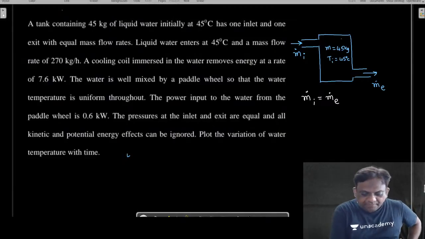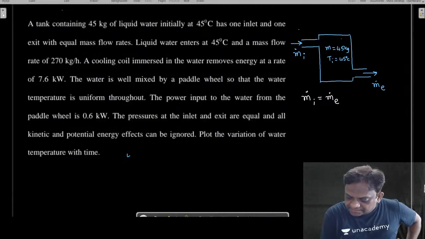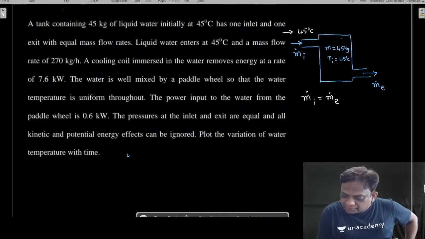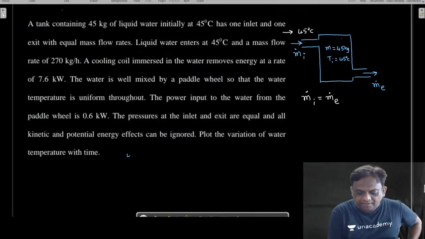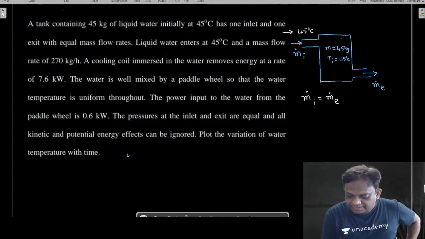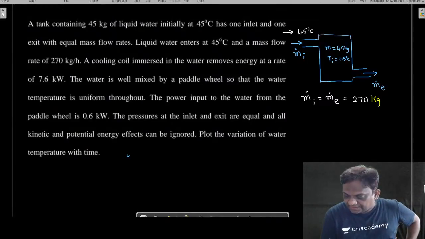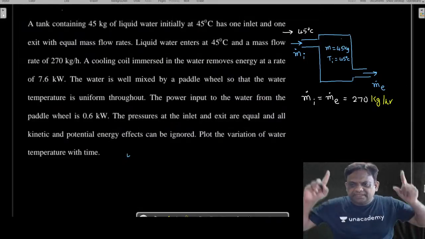Look carefully, there is one inlet and one outlet. Through this inlet, water is entering at 45 degrees centigrade. And the mass flow rate is clearly given as 270 kg per hour. No problem at all.